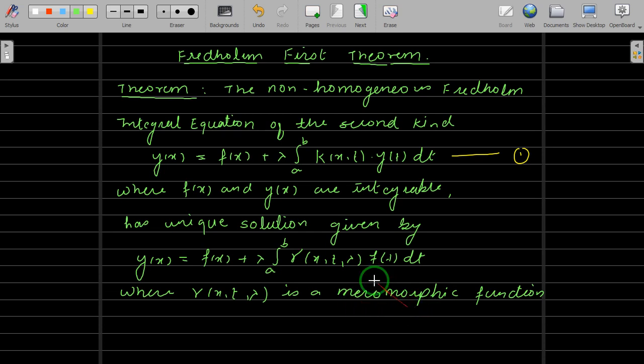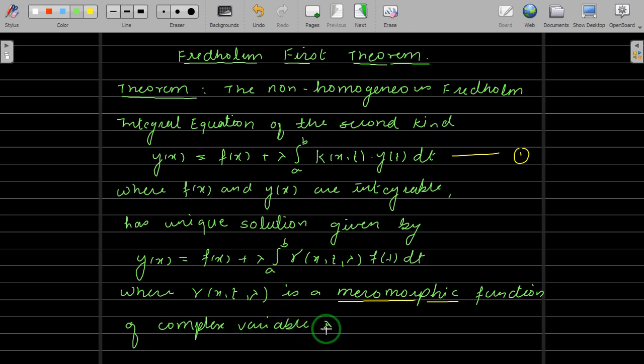So check what a meromorphic function is, and you can read some theory of these meromorphic functions. So gamma of x, t, lambda is a meromorphic function of the complex variable lambda.